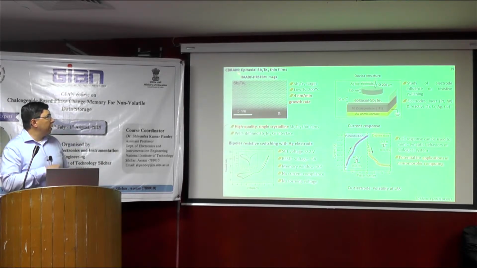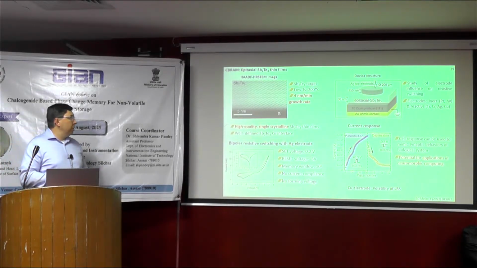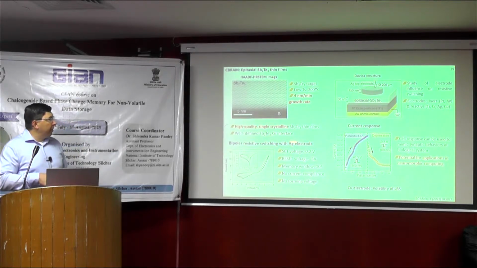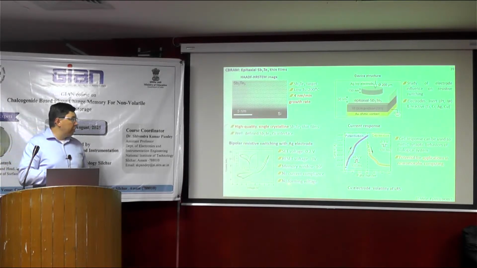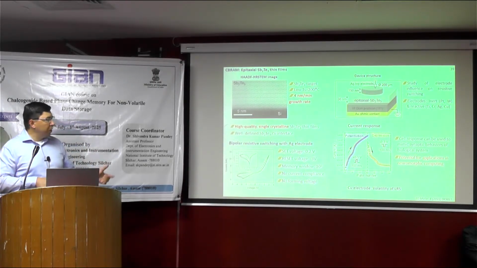We constructed a CBRAM consisting of a silver top electrode, an epitaxial thin film, and p-silicon. We found nice bipolar switching using the silver electrode, with very low set voltage and reset voltage, and a memory window of 100. We don't need current compliance, and we don't need a forming voltage.